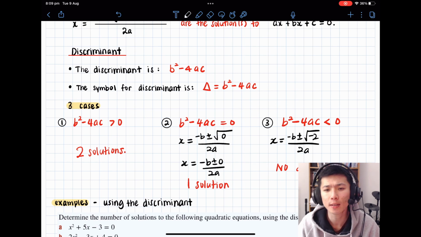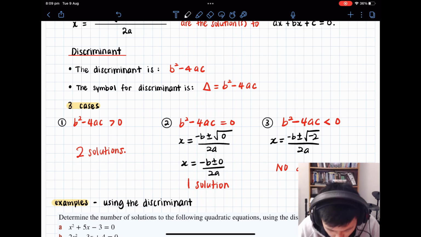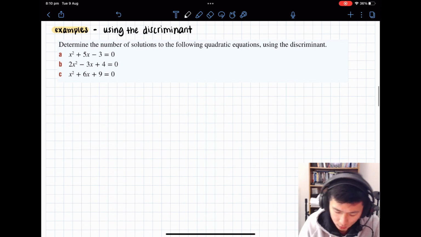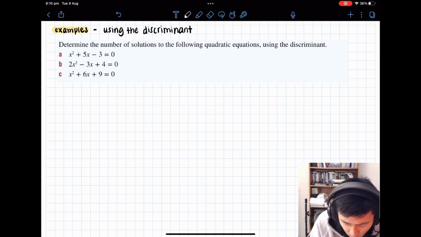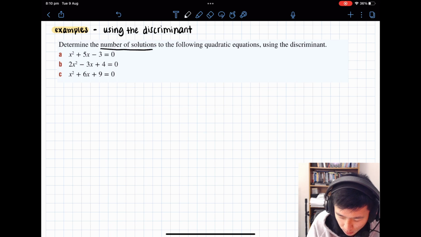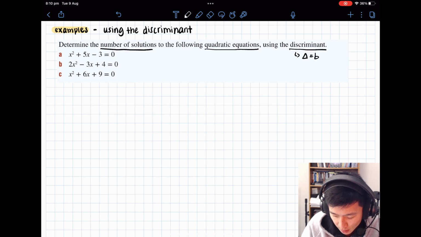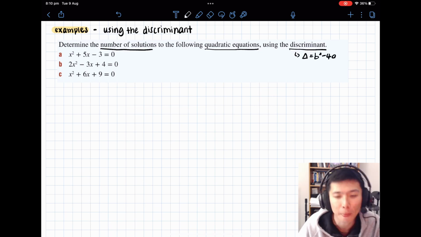So let's actually see a question to apply this knowledge. So here we are. We've got a question that says, determine the number of solutions to these quadratic equations using the discriminant, right? The discriminant is b squared minus 4ac.